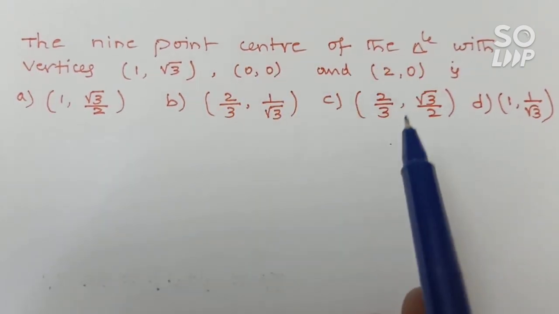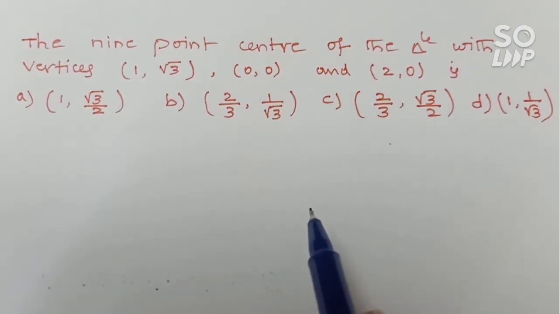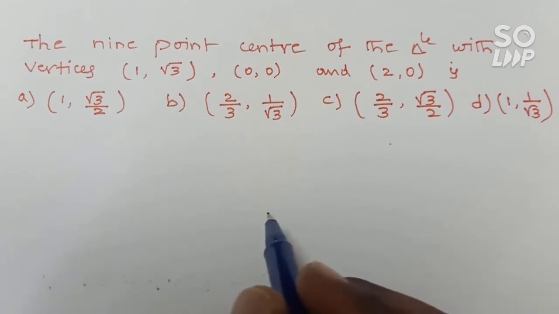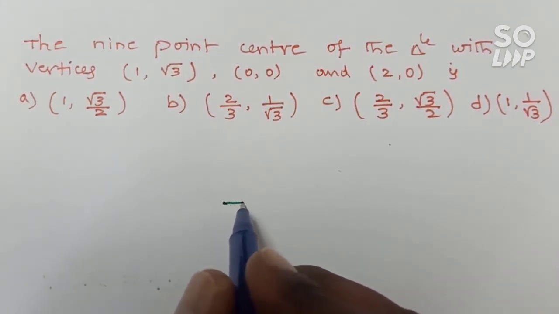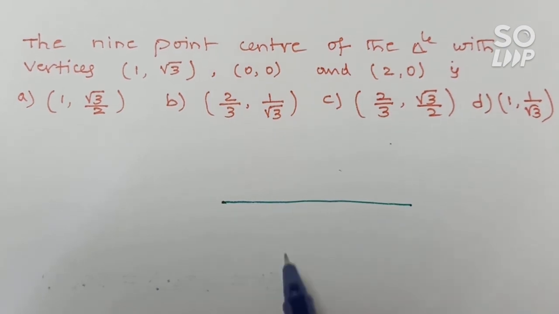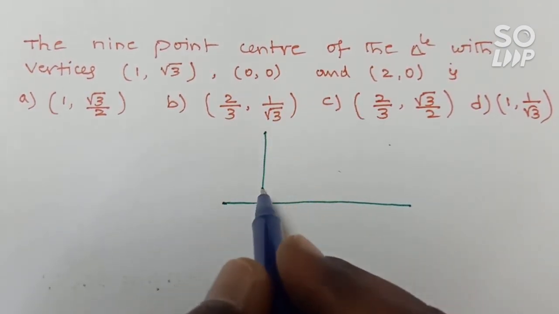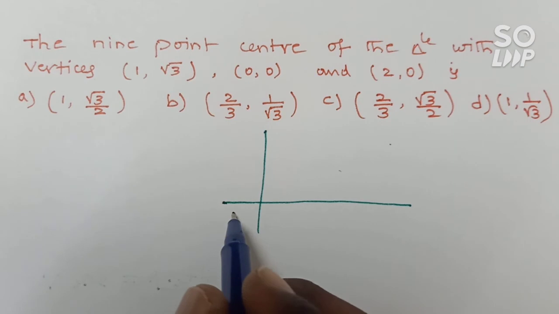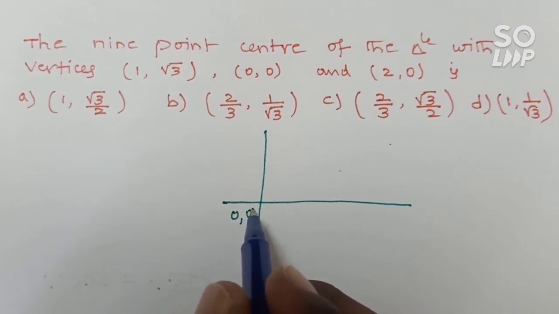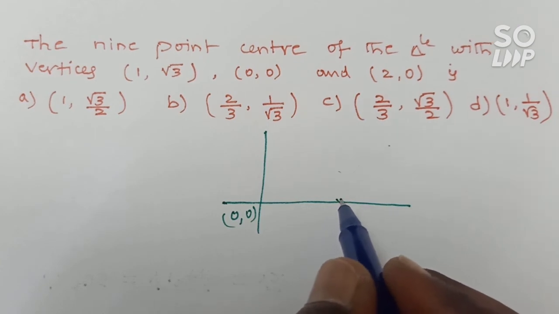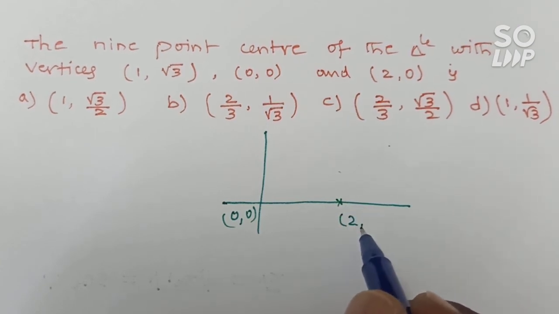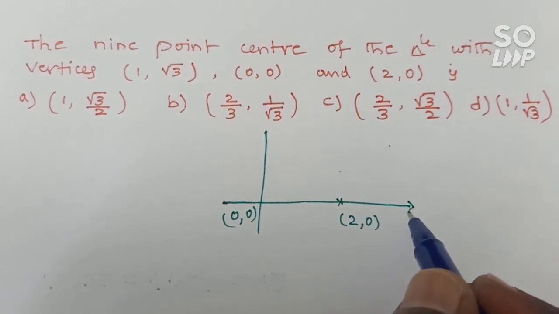That means, to find the center of the 9-point circle, first of all you see this one. Here this is the x-axis, this is the y-axis. This point is (0, 0). Here is (2, 0) on the x-axis. Right?